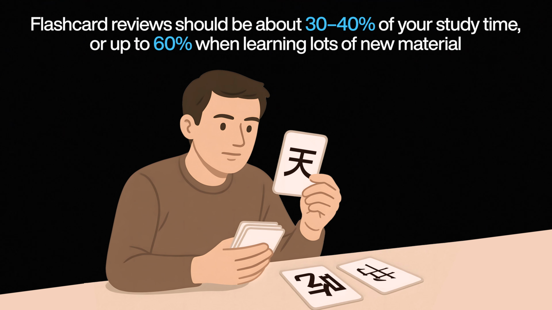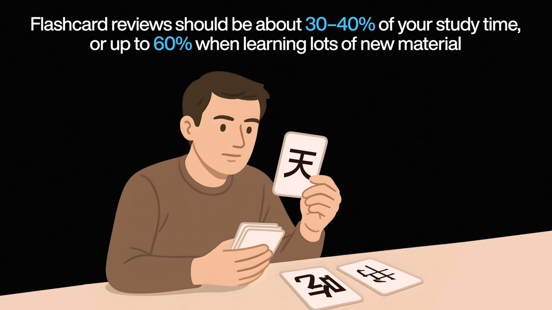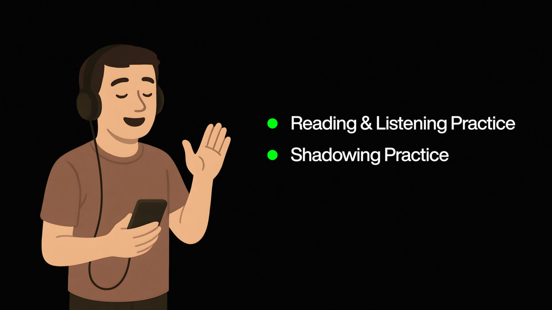Another thing to remember is that flashcard reviews should probably take up around 30 to 40% of your study routine max, maybe 50 to 60% if you're learning a ton of new stuff, but you can't get fluent from just using flashcards alone. Although, again, they are massively helpful, you also need to do other things like extensive reading and listening practice, shadowing practice, speaking with natives. And if you focus too much on flashcards, you can easily lose sight of the big picture and become demotivated.